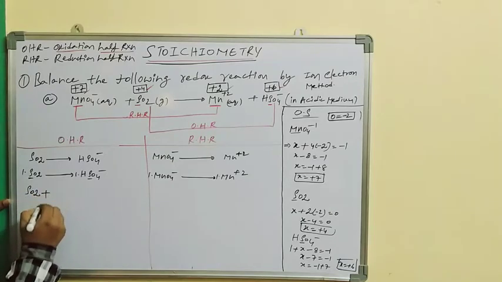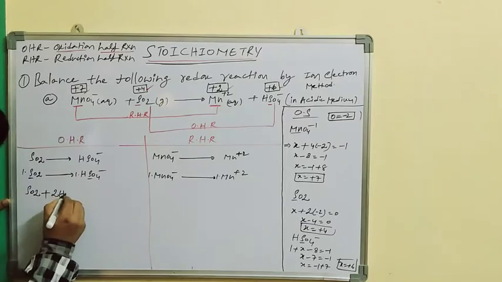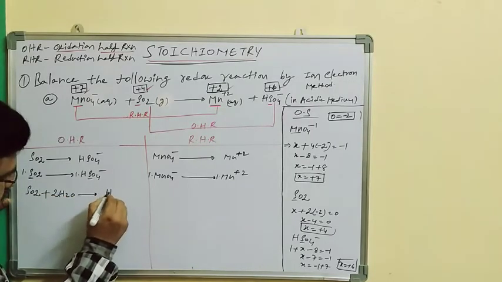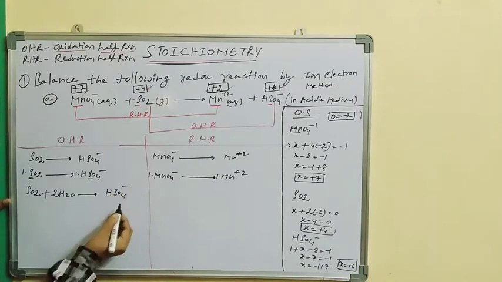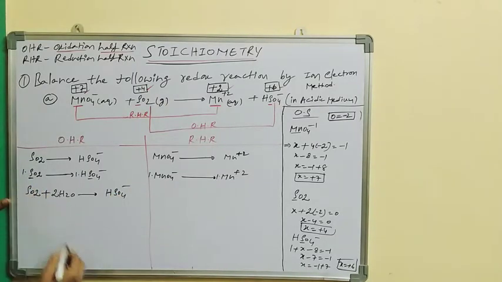How many water molecules are we adding here, students? 2 water molecules, because here 4 oxygens are there and here 2 oxygens. So 2 oxygens are deficient, and we are adding 2 water molecules.